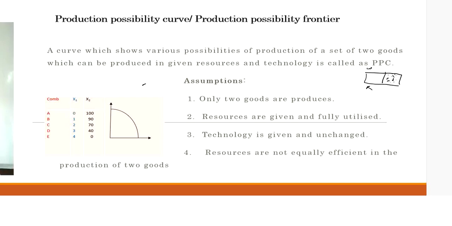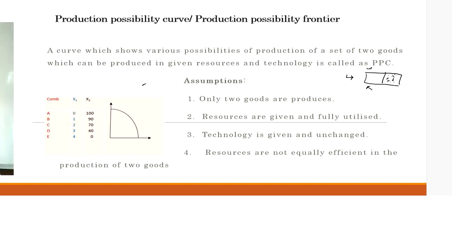You can put unutilized resources under use. Similarly, if you want to increase rice, you can increase production of rice without decreasing production of wheat by using these underutilized resources, or you can increase production of both. That is the first situation. I am telling you why we have assumed resources are fully utilized. You can see the difference here.